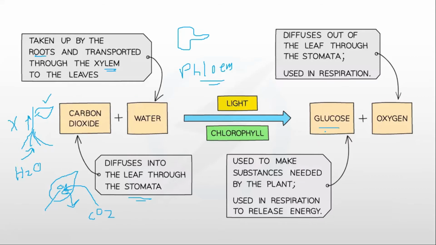Now, where does the glucose go after photosynthesis? It is used to make substances needed by the plant, and used in respiration to release energy. Used to make substances needed by the plant, we have studied how many substances? We have starch.